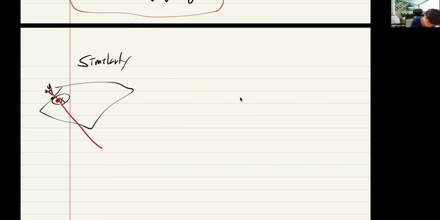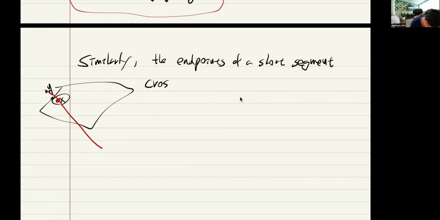Then, if you take a ray from here to here, and then you take the ray from here to here, the F value differs by 1. Okay? We can actually choose this X and Y so that the ray does not intersect with C at any endpoints of the segments. Then that F value actually gives you parity. So the endpoints of a short segment crossing C have opposite parity.